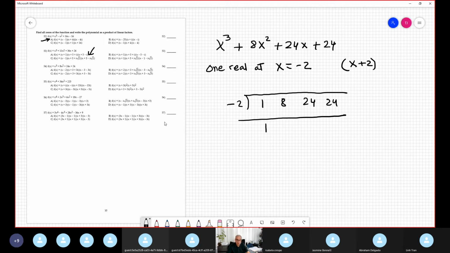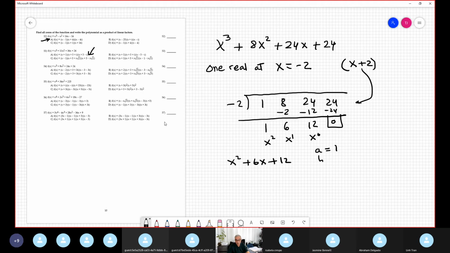Down 1, negative 2, 6, negative 12, positive 12, negative 24, 0. Super. This factor belongs. Now I focus on the quotient part: x to the 0, x to the 1, x to the second, so x squared plus 6x plus 12. I don't see any more zeros in decimal, so I suppose that part is complex.